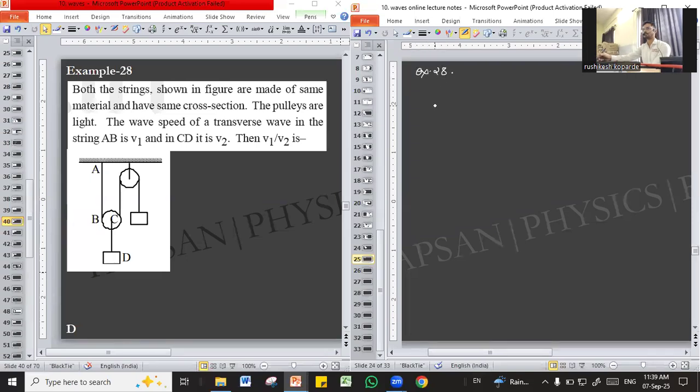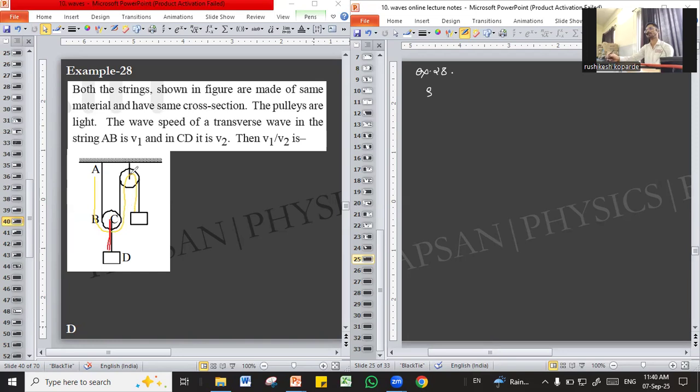Both the strings shown in the figure are made of the same material. Okay, material same. Can you see two strings? This is one string, and this one is the other string.